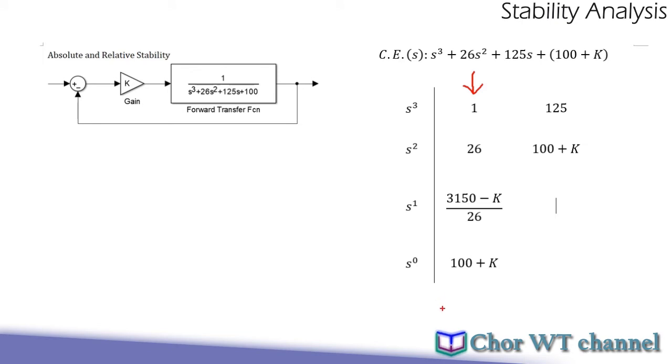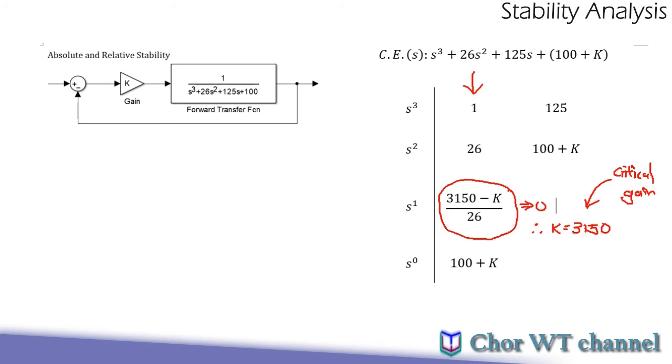We are interested in the elements in the first column that potentially go to 0. The only possibility for the first column to have at least one 0 is this term. To make this term go to 0, k will be 3150. This will be my critical gain.